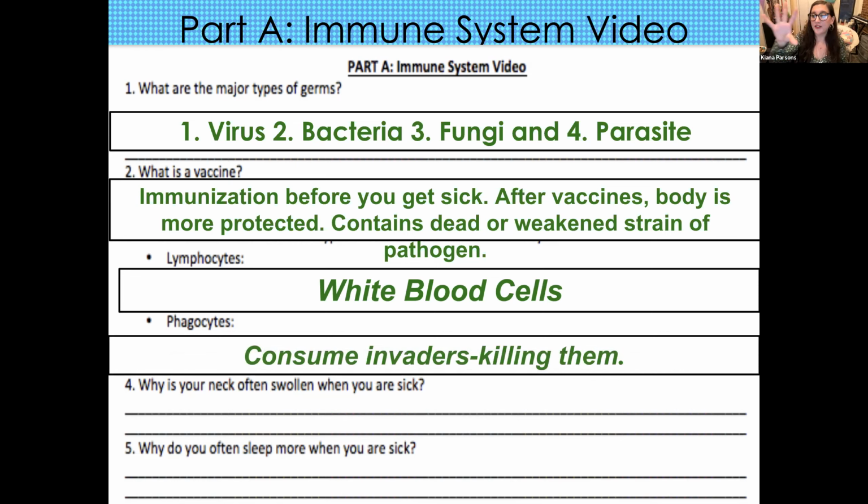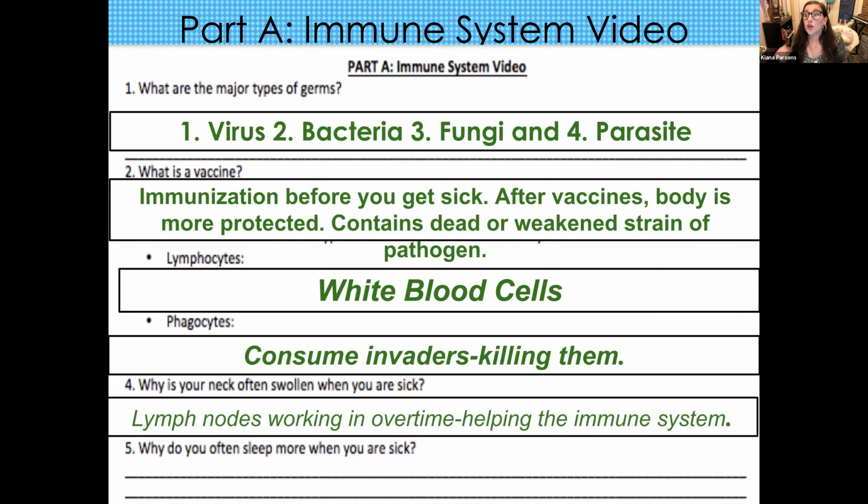Using that process, phagocytosis, they actually engulf or completely swallow the bacteria or whatever the pathogen may be. So why is your neck often swollen when you are sick? Well, it's because your lymph nodes are there and they are working overtime. They help your immune system as part of the lymphatic system.